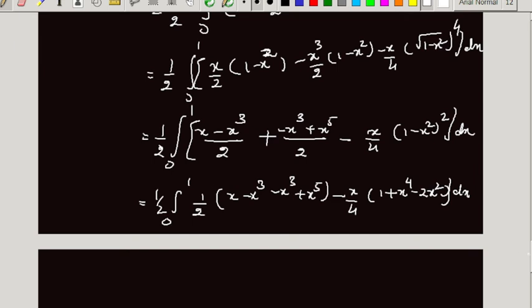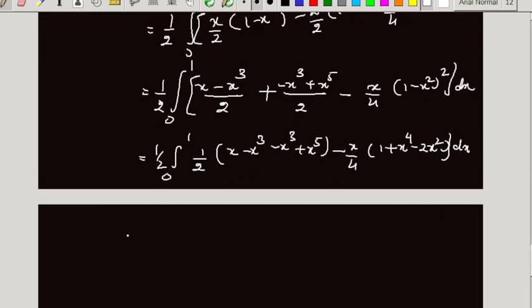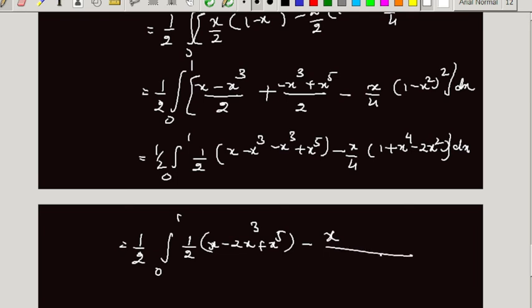If we simplify this one, we can add the second term: 2 times x power 3 plus x power 5, minus, we multiply here, we get x by 4 minus x power 5 plus 2 times x power 3. So this minus we put it here.